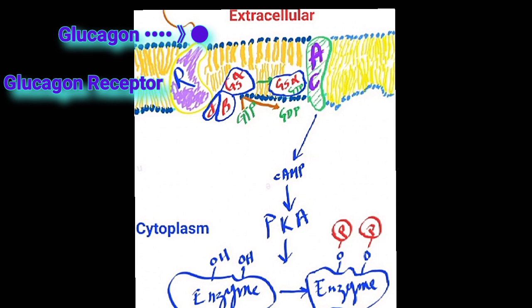The fifth important feature of the adenylate cyclase system is the cellular responses that are generated by cyclic AMP. Cyclic AMP can produce two types of cellular responses.